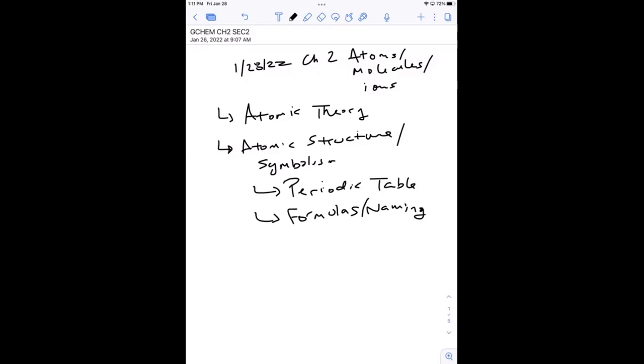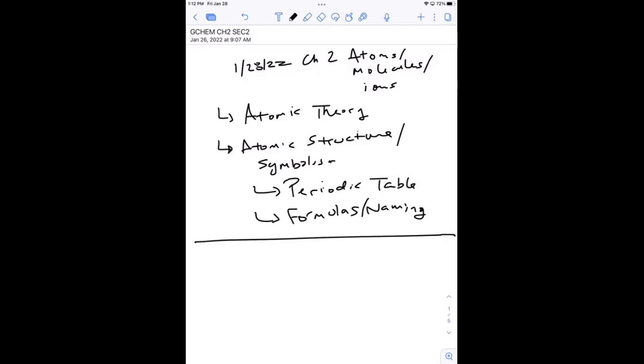All right, so we'll start out talking about atomic theory and some early atomic theory, somewhere around the 5th century BC. That's when Greek philosophers like Aristotle and other philosophers of the day came up with the idea about matter and what matter is composed of.